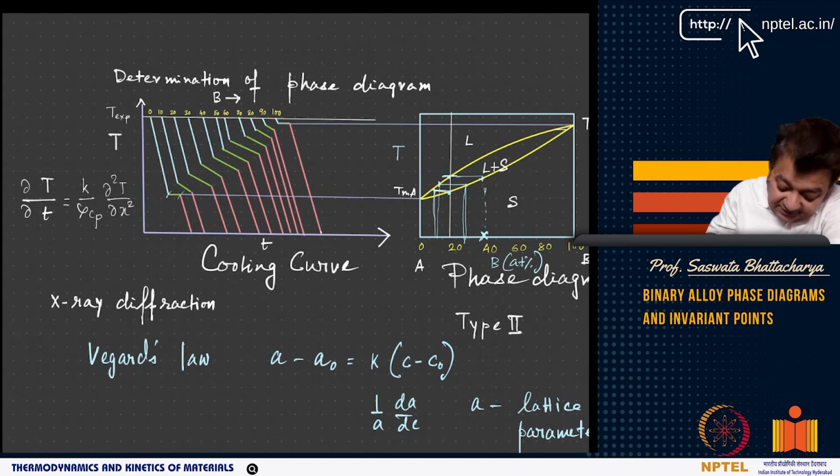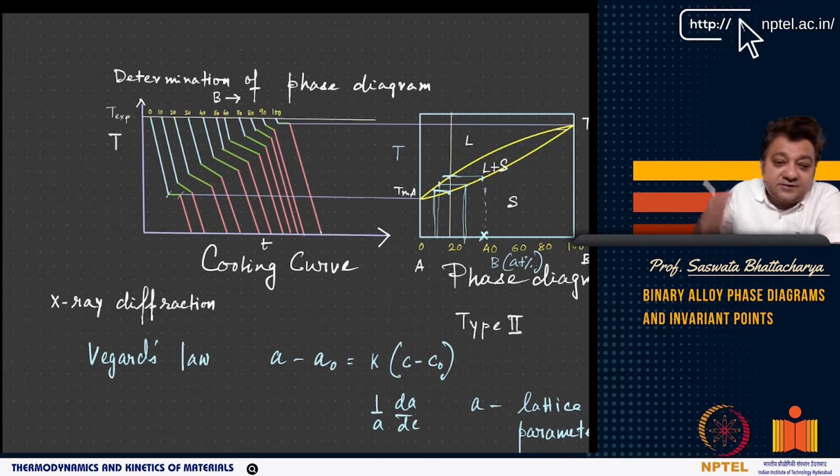So what I am trying to say is that ultimately it depends on the thermal conductivity of the liquid. So the slope of these blue curves, or the red lines, for different compositions depends on the thermal conductivity of the liquid and the solid, the heat capacity of the liquid and the solid, and also the density of the liquid and the solid, which can differ, right?